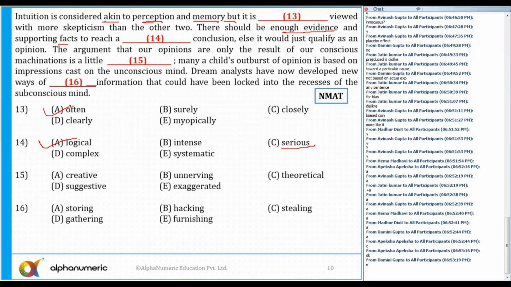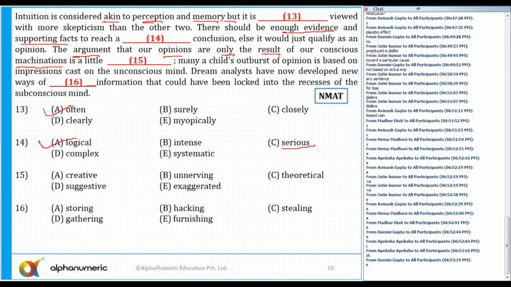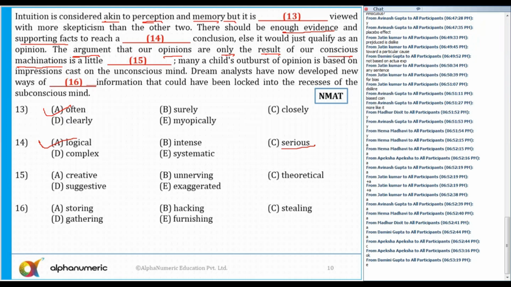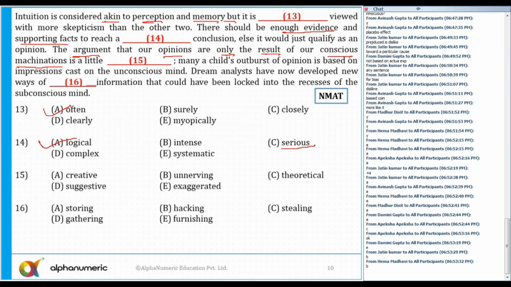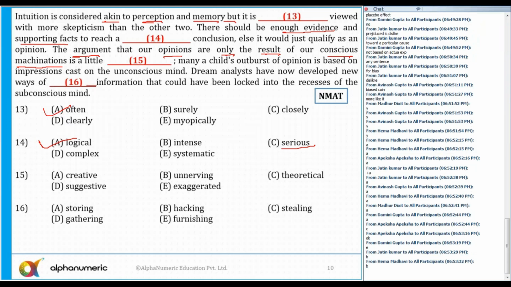So if somebody argues that our opinions are only the result of our conscious machinations, then according to him, this is a little exaggerated. It means he does not think that this is right.